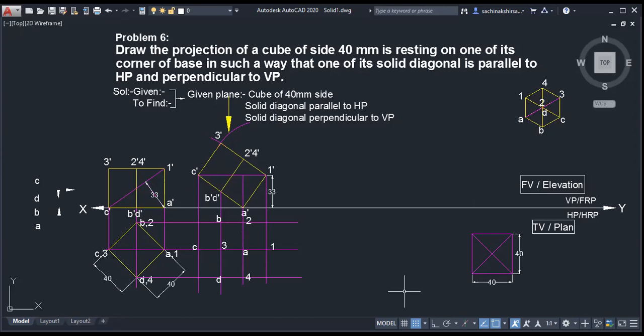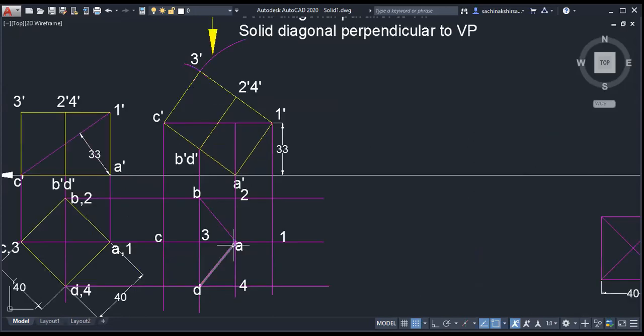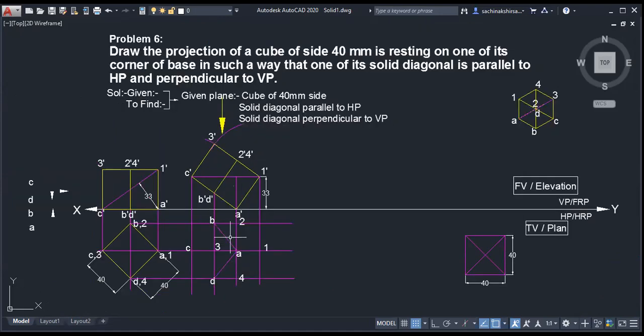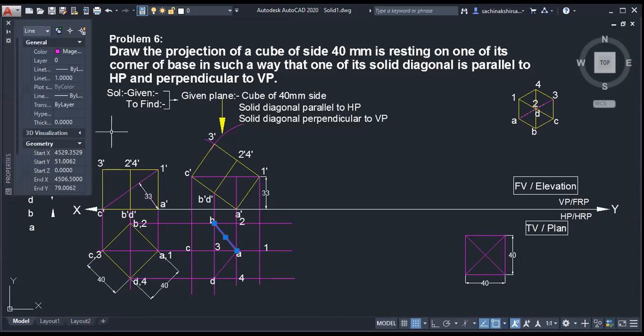3. Which are they? A, B, A, D, and A1. Okay. So how will these edges be?